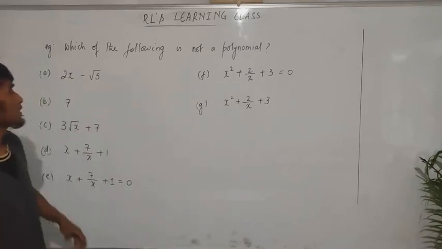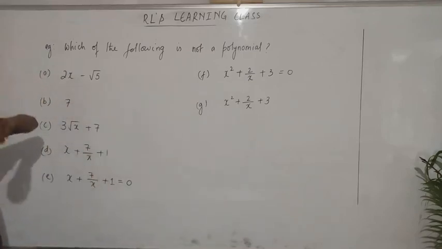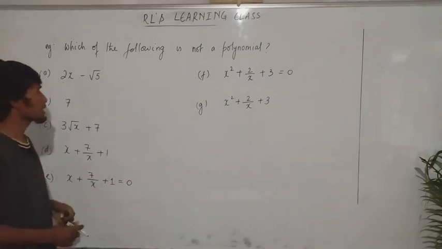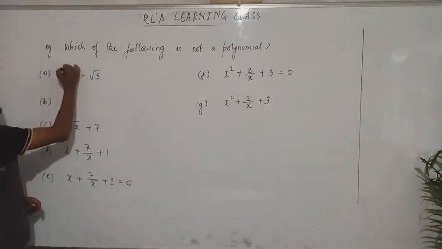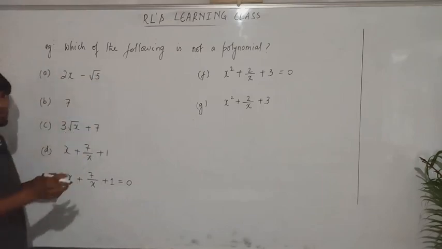Okay, we'll look at this example. Which one of the following is not a polynomial? Okay, from here, is this a polynomial or not? Look here. This 2 is a constant, and this root 5 is also a constant.